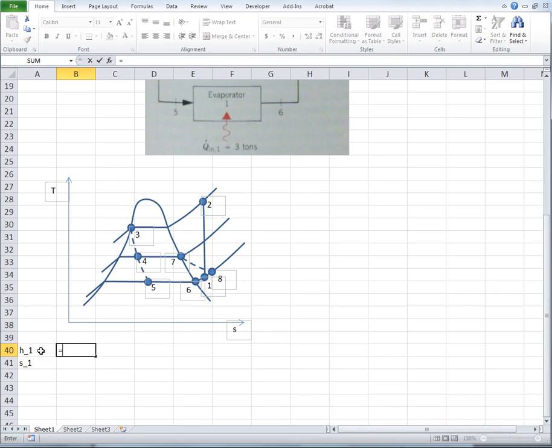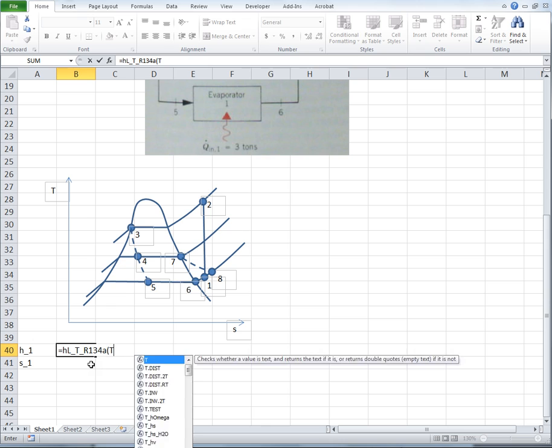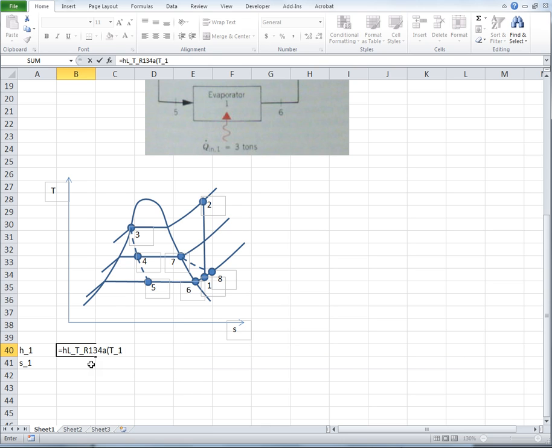So this is equal to the enthalpy for R134A, the enthalpy of the saturated liquid as a function of temperature. That's what we were given at state 1, and the temperature that we were given was T1.